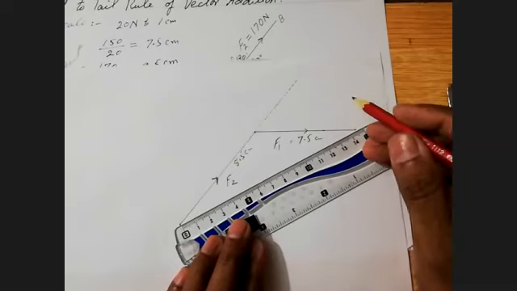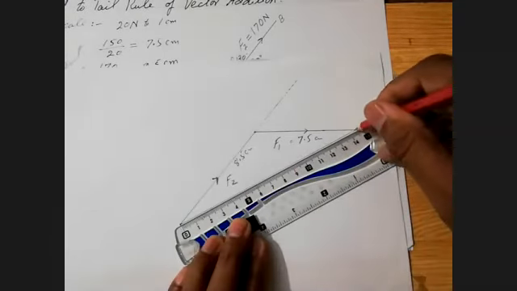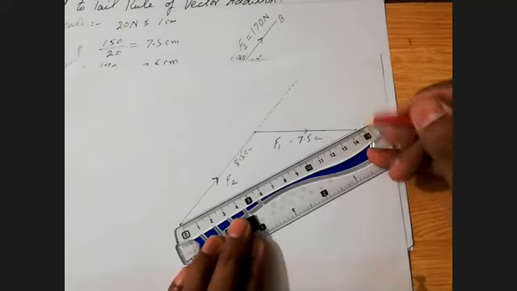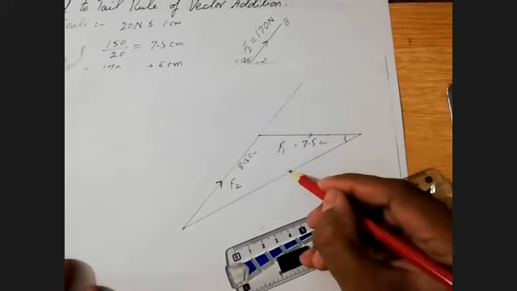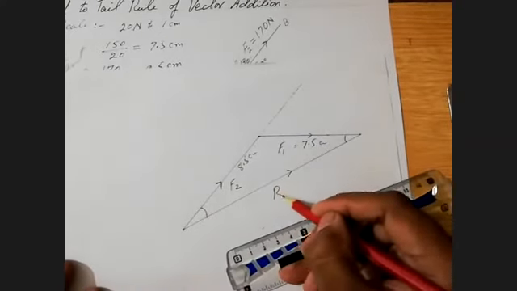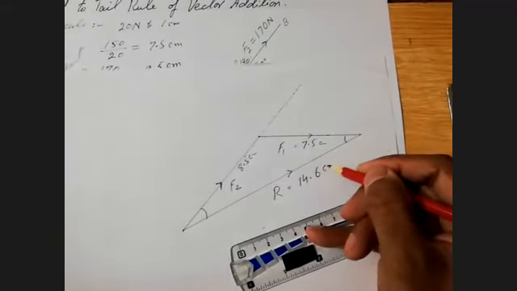Again, you may observe it very carefully. If your construction is very good, then you'll see that your answer is again 14.6. This angle can also be taken, or you can also take this angle. Now this is the resultant, 14.6 centimeter.